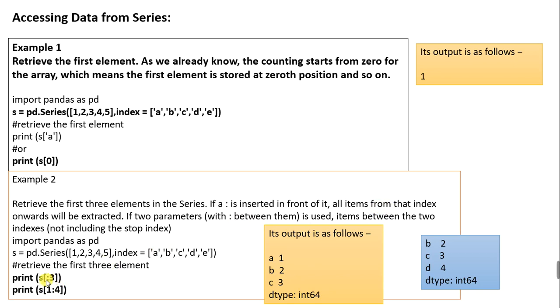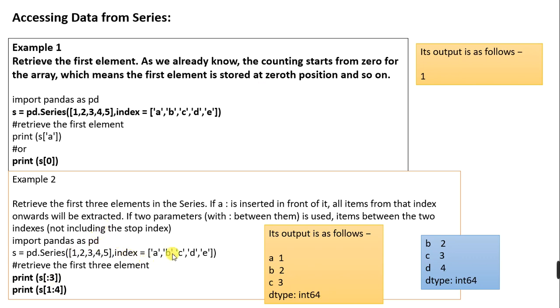The lower value is automatically assumed to be 0 here. So in this case, it will move from 0 to 1 less than the number specified here, right? So it will exclude the upper value. That means the values stored at index 0, 1 and 2 only, right?